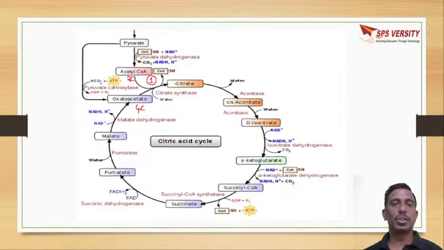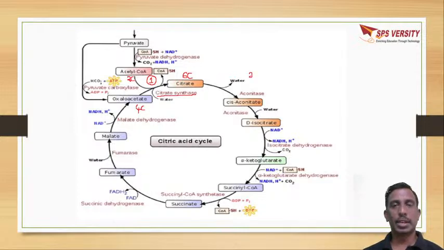On condensation, it will form a 6-carbon compound, इसका नाम citrate or citric acid, in the presence of enzyme citrate synthetase. This is the first reaction.